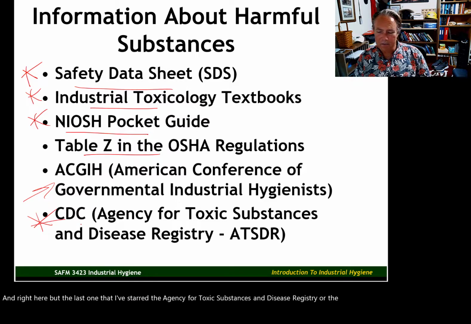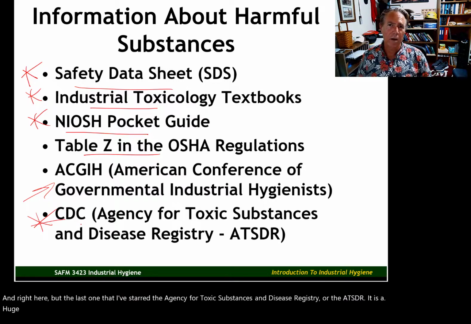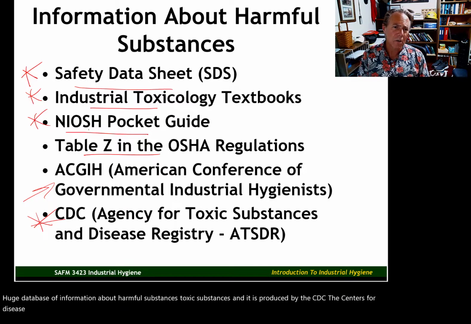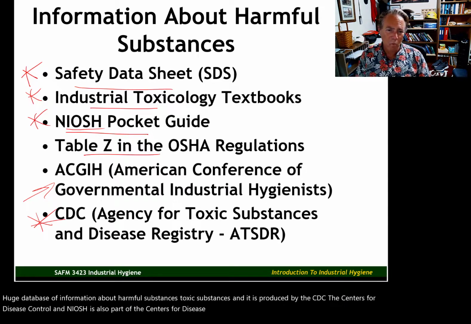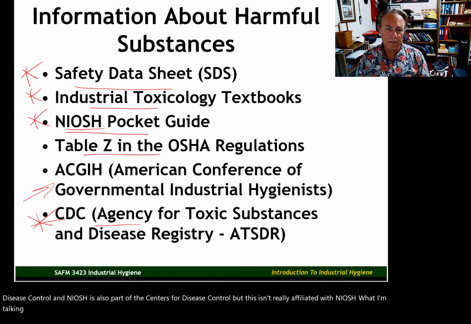It is a huge database of information about harmful substances, toxic substances, and it is produced by the CDC, the Centers for Disease Control. NIOSH is also part of the Centers for Disease Control, but this isn't really affiliated with NIOSH. What I'm talking about here, this Toxic Substances Registry, I'll show you this later in the semester.